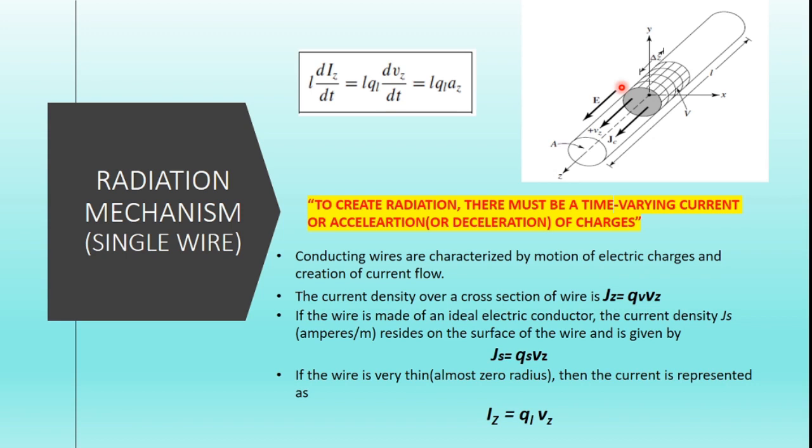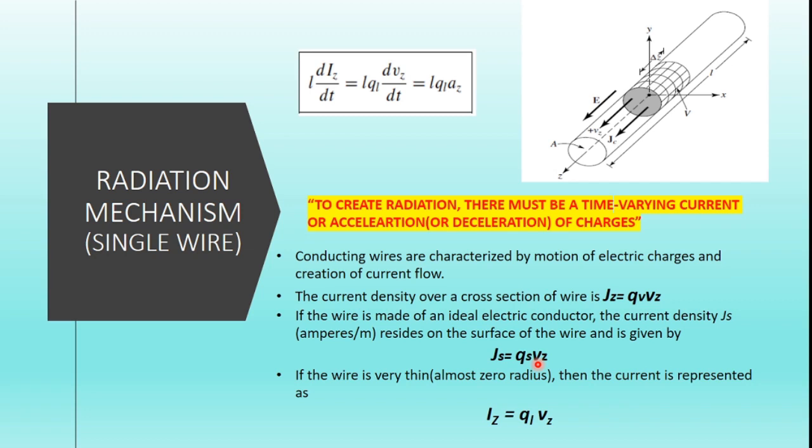We define the charge as residing on the surface of the wire. So we change the term Jz to Js, representing the charge density on the surface, and QV to Qs, once again representing the charge on the surface of the wire, and it travels with the same velocity Vz, the velocity in the Z direction.